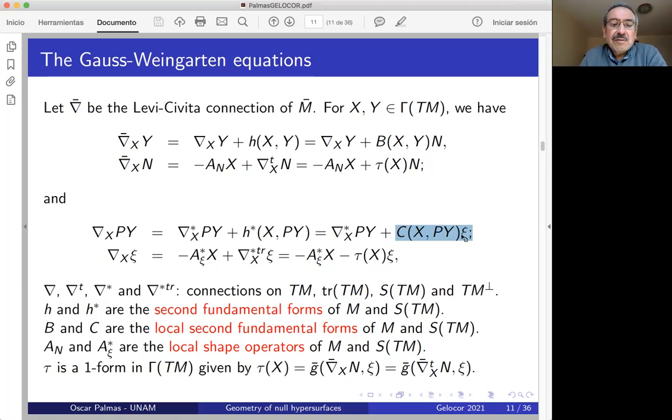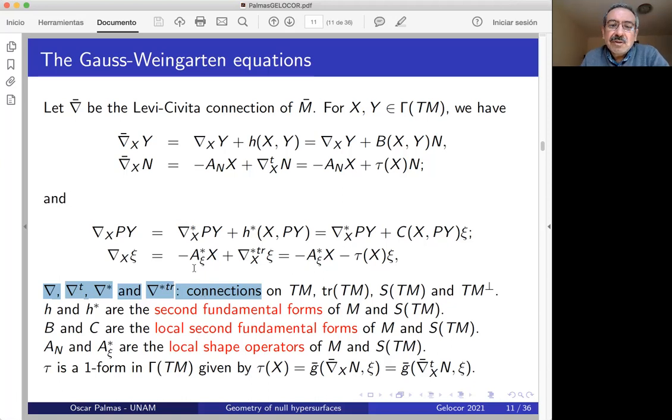So we have a lot of connections. We have 4 linear connections on each of these objects: the tangent bundle, the transversal bundle, the screen distribution, and the radical.